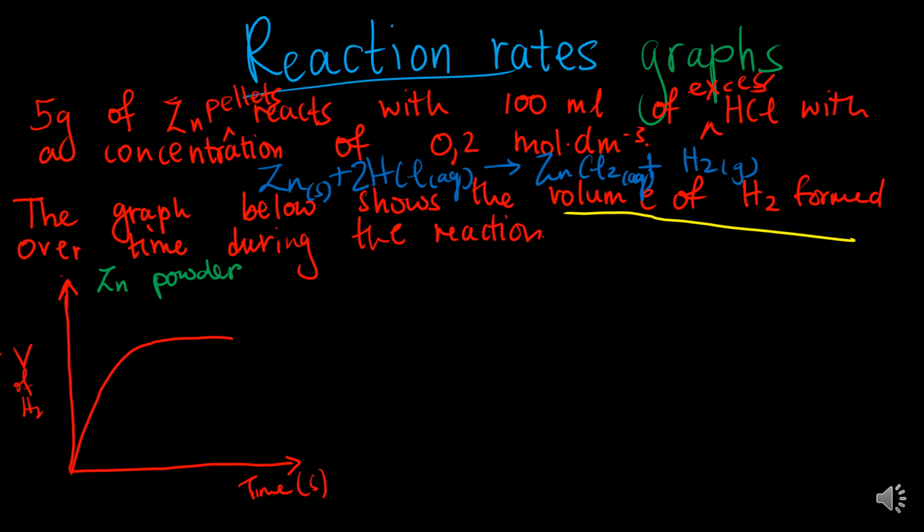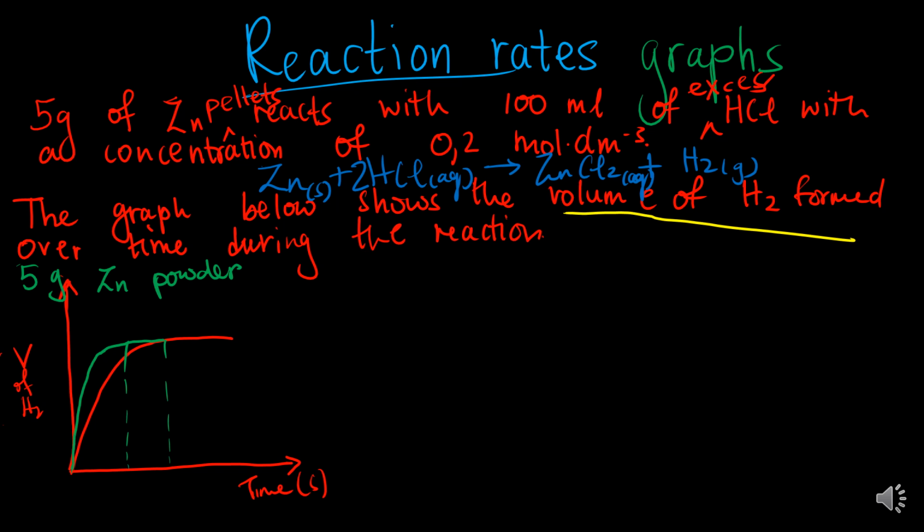If they use 5 grams of zinc powder, the reaction rate is going to increase. The reaction is going to be faster and completion is going to be reached earlier. So you'll see that the graph plateaus or levels off earlier than before when you compare the times.